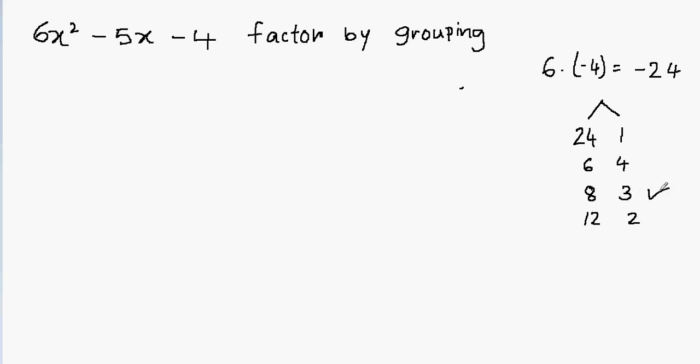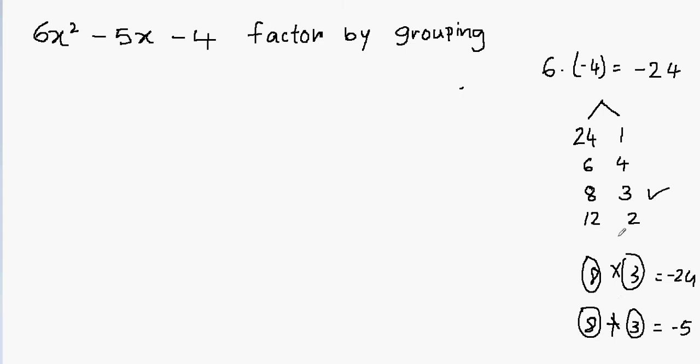Now we have to think which one will be negative. If you're adding a positive and a negative number, and your answer is negative, you should get negative 5. Two factors are multiplied to give you negative 24, but when you add those factors, you're getting negative 5. You know that these factors are 8 and 3, and one factor has to be negative.